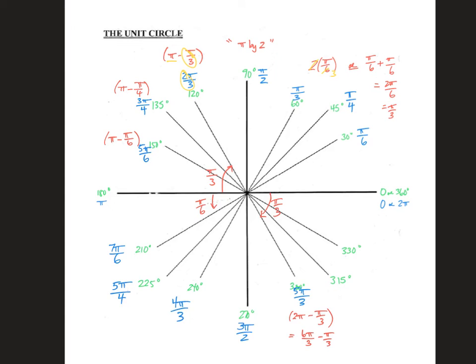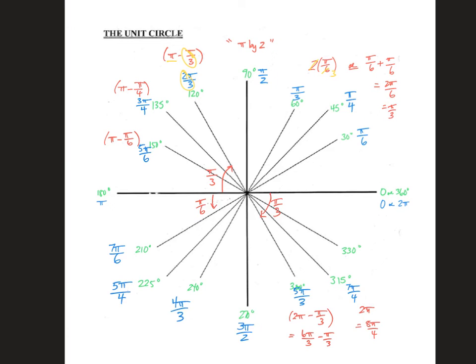Using that same reasoning, to get to 315, well, 315 would have a related acute angle of pi by 4. So I want to think of my full rotation, my 2 pi, in quarters. That would be 8 pi by 4. So if I was to take 8 pi by 4 and subtract off 1 pi by 4, then I get to 7 pi by 4.